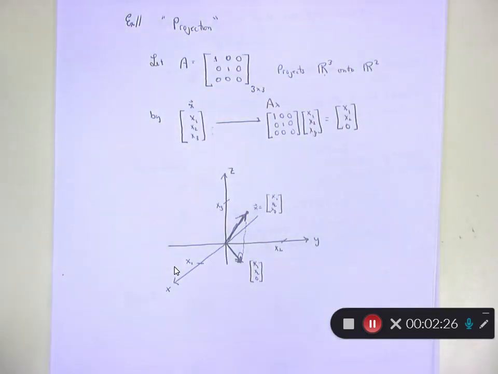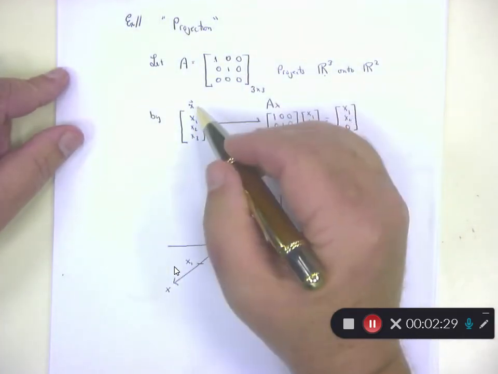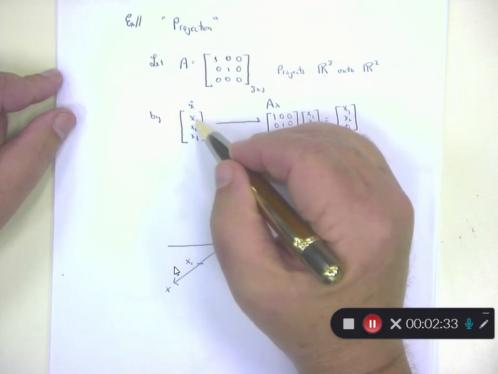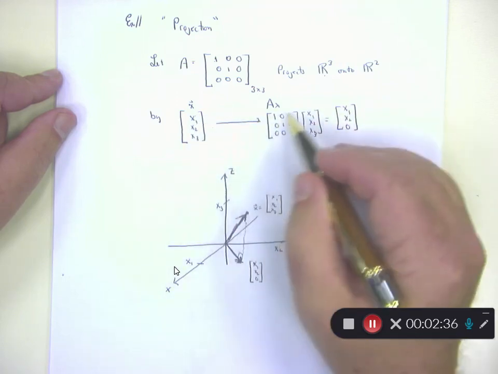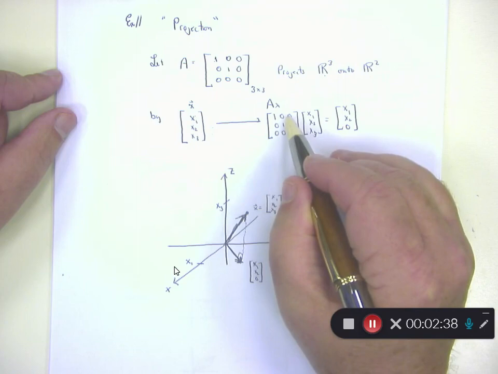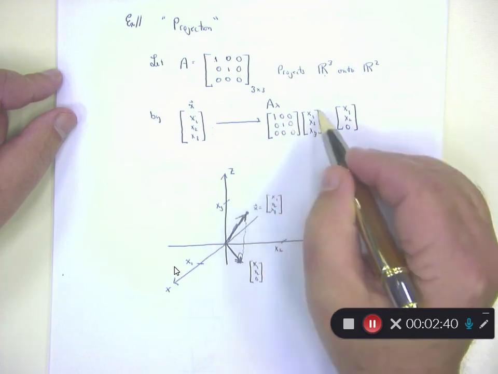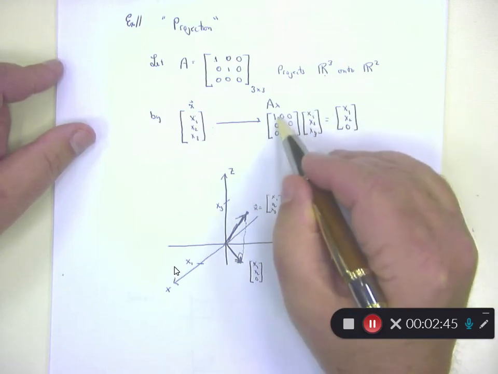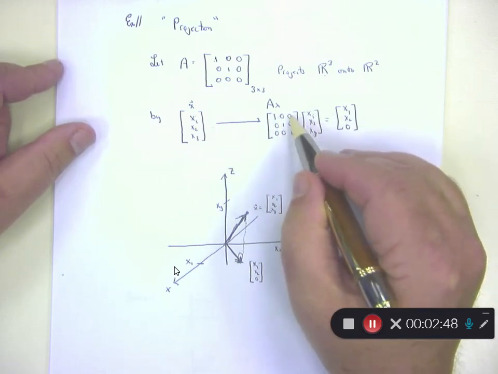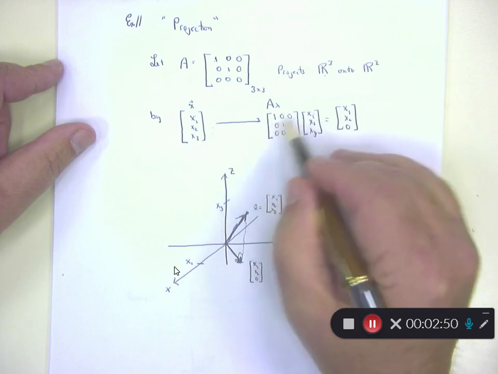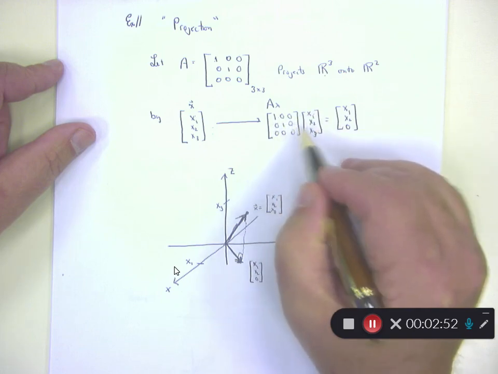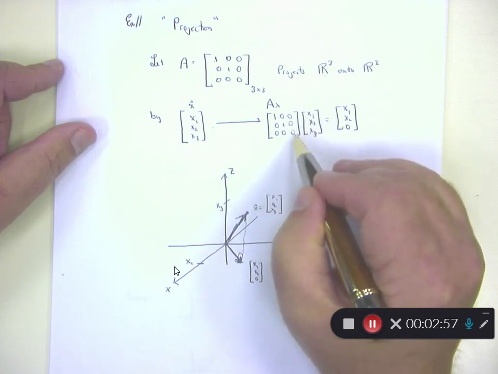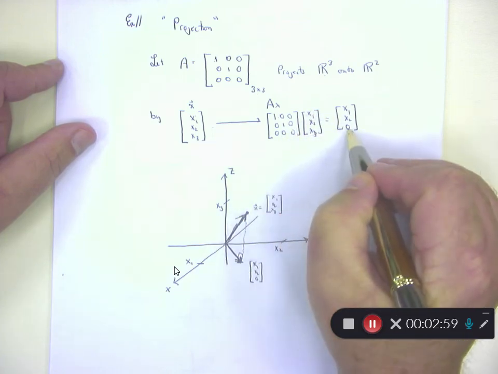Let me show you. It's going to take the classic vector x in R3, x1, x2, x3, and you're going to multiply A times x. 1, 0, 0, 0, 1, 0, 0, 0, 0 times x1, x2, x3, row by column. 1 times x1 plus 0 times x2 plus 0 times x3 gives you x1. 0 times x1 plus 1 times x2 plus 0 times x3 gives you x2. 0 times x1, 0 times x2, plus 0 times x3 gives you 0 all the way along the line.